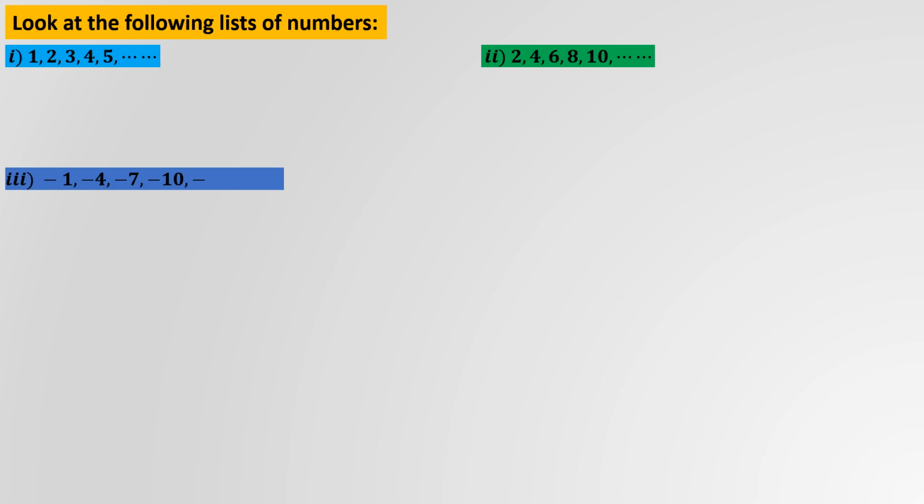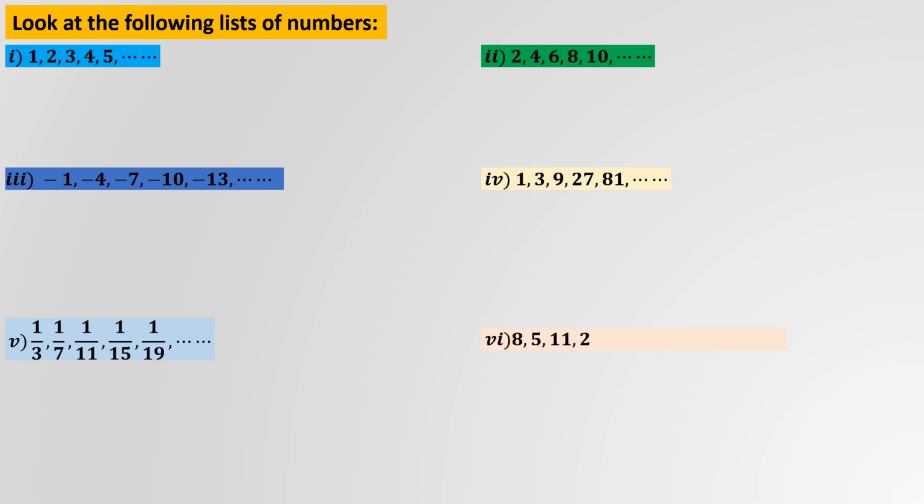Third one, -1, -4, -7, -10, -13, etc. Fourth one, 1, 3, 9, 27, 81, and so on. 1/3, 1/7, 1/11, 1/15, 1/19, and so on. Last one, 8, 5, 11, 27, -5, 109, 2, -13, and so on.